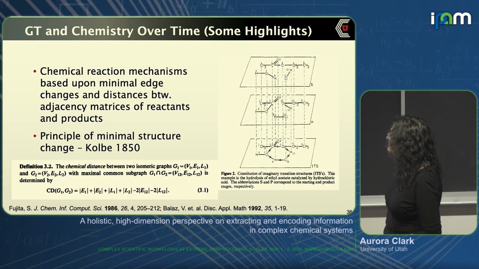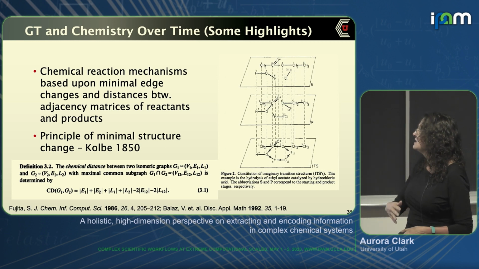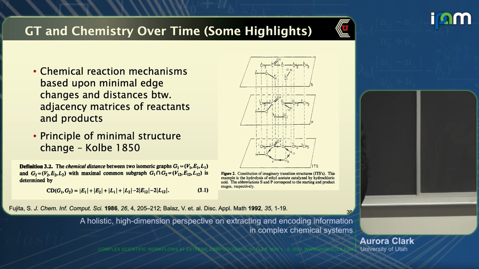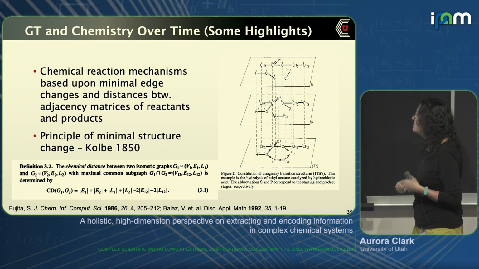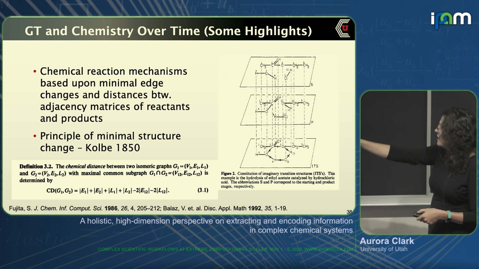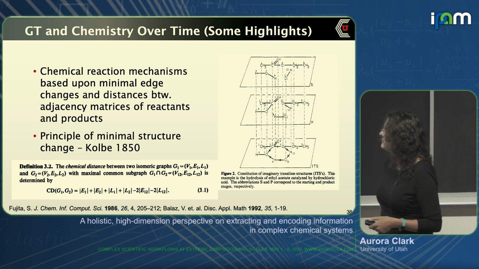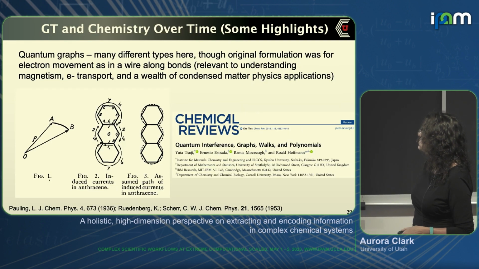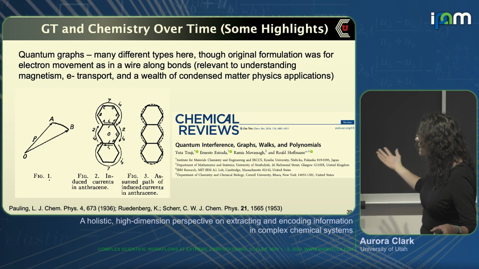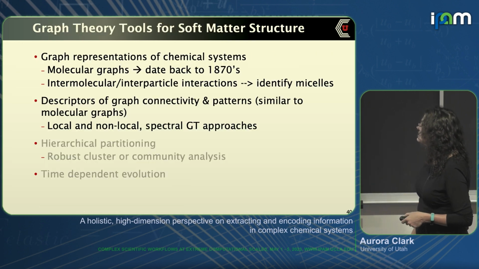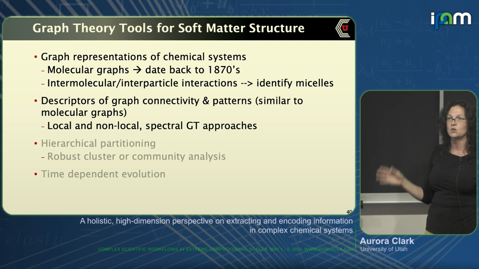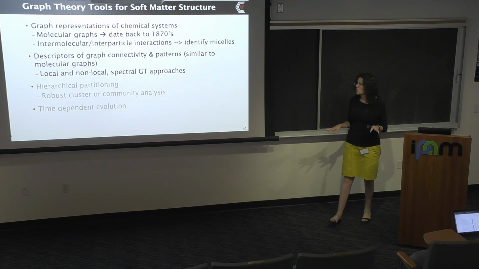That was very effective, but it also then led into things like trying to find chemical reaction mechanisms based upon minimal edge deletions and insertions of adjacency matrices, which dated back to this concept in the 1850s about the principle of minimal structure change, as well as things like quantum wires and quantum graphs for quantum mechanical calculations. And so there's this very, very long history of molecular graphs in chemistry as a whole.